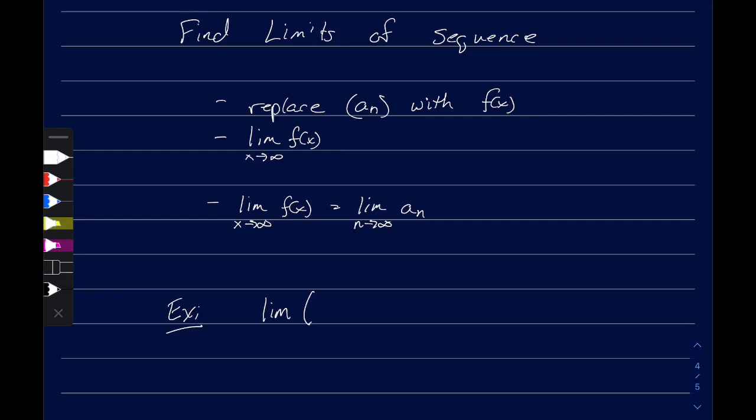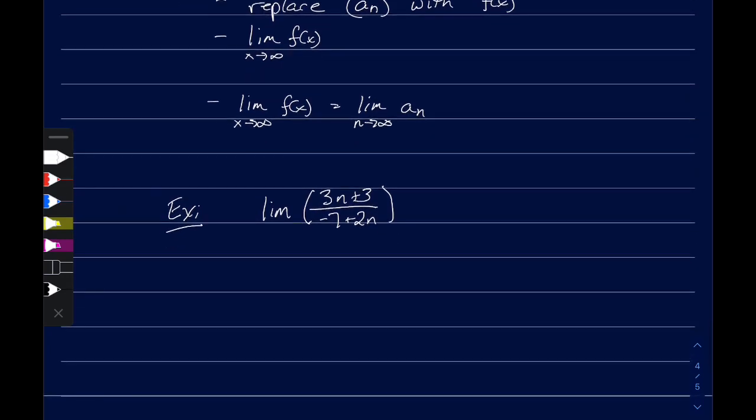We want to know the limit of this sequence, 3n plus 3 over negative 7 plus 2n. And now looking at this, we're just going to replace n with x. So we're just going to take the limit as x goes to infinity of 3x plus 3 over negative 7 plus 2x.